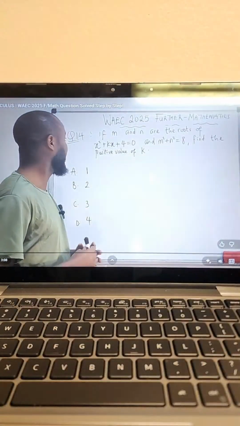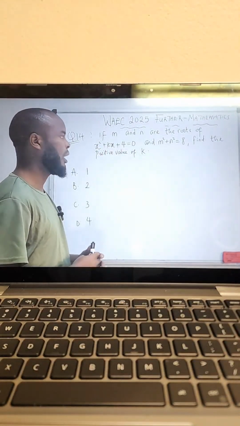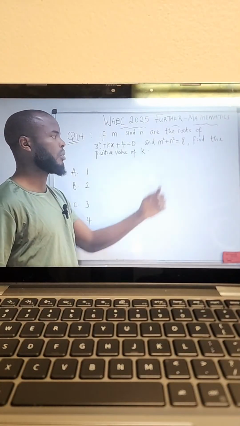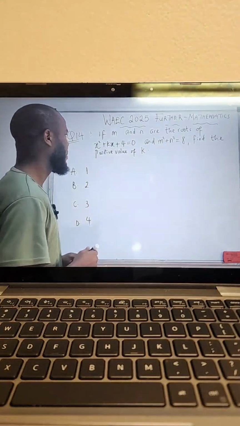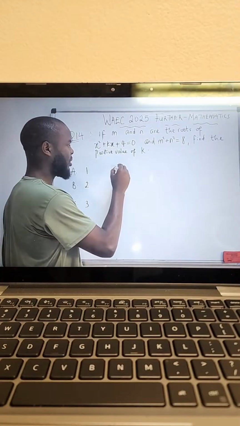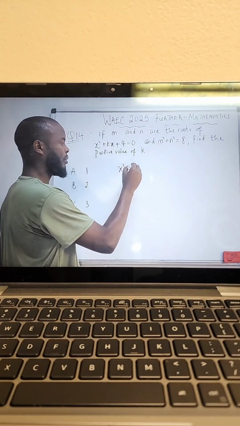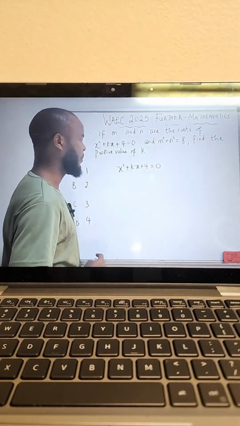Question 14. It says, if m and n are the roots of this equation, and m squared plus n squared equals to 8, find the positive value of k. Now, let's go back to something here. Here we have the equation given to us as x squared plus kx plus 4 equals to 0.